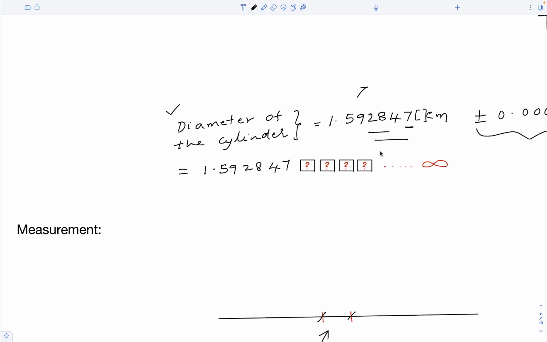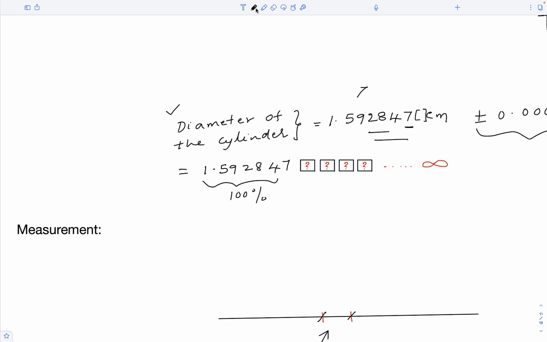And if you want to know the diameter to even more significant figures or even more precisely, you have to use a device with even higher precision or invent one for yourself. So, in this measurement obtained by using a laser interferometer, we know the values of these 6 digits with 100% certainty.